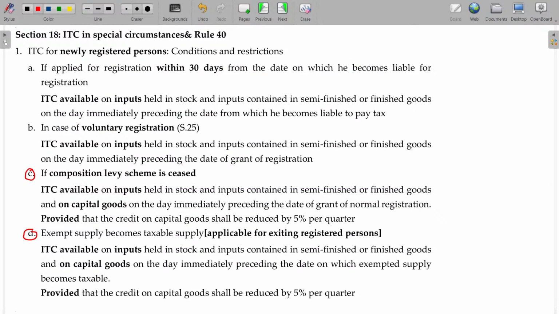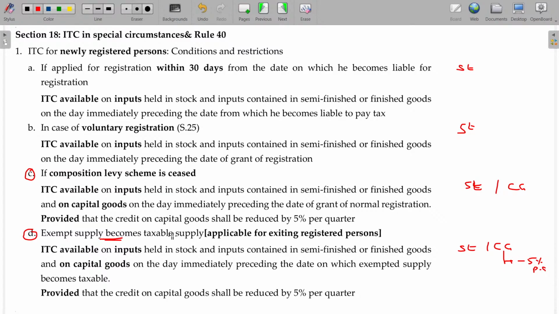So C and D, in these two cases, what happens? Here stock, here stock, and capital goods, stock and capital goods, and here stock and capital goods. In case of capital goods, you have to subtract 5% per quarter.